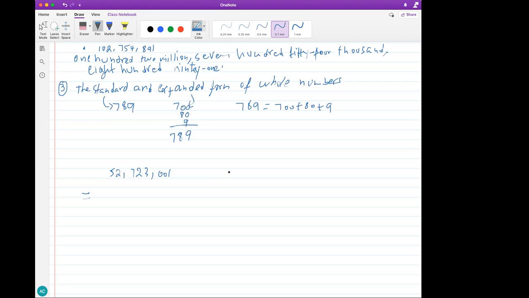It's in the millions, so it's 5 million. Basically, you take this digit and turn everything else into zeros. So it's going to be 5 and then 0, 0, 0, 0, 0, 0.